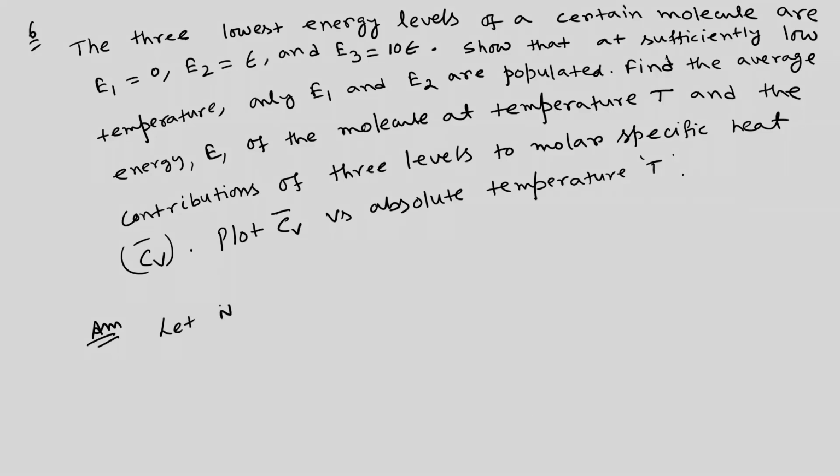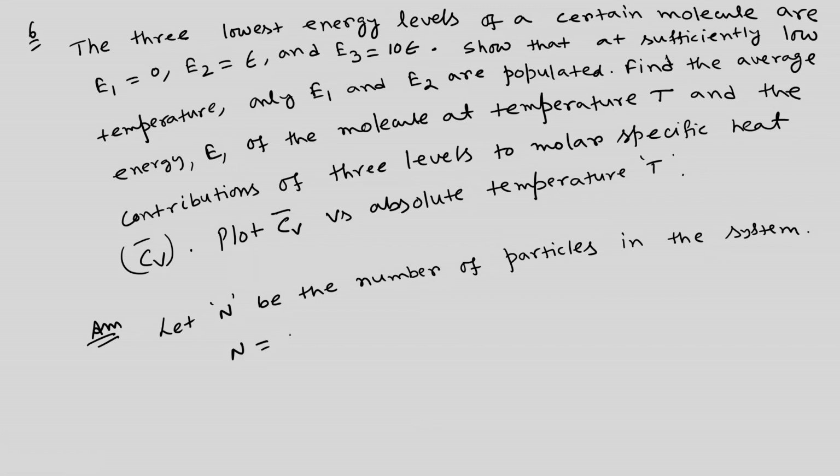Let capital N be the number of particles in the system. So, we have a system of capital N number of particles. So, N equals to N1 plus N2 plus N3, if we consider that there are only 3 energy levels of a molecule.